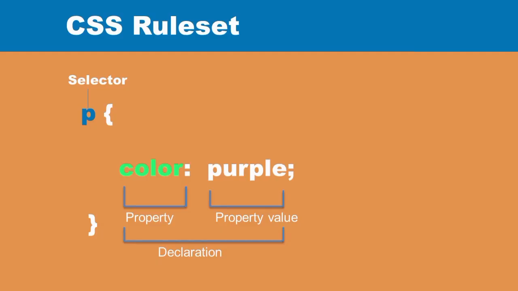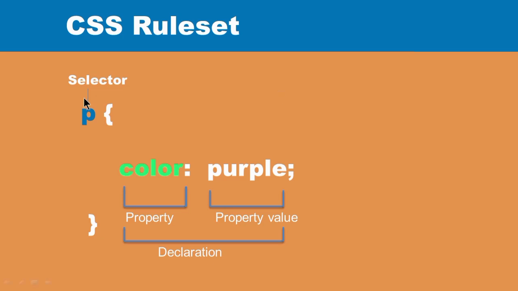Let's take a look at a typical CSS rule set. The whole structure you can see on the screen is referred to as a rule set, but often called a rule for short. So let me quickly run through the syntax here. When you want to apply CSS to an HTML element, the very first thing you do is specify the element, and that is referred to as a selector.